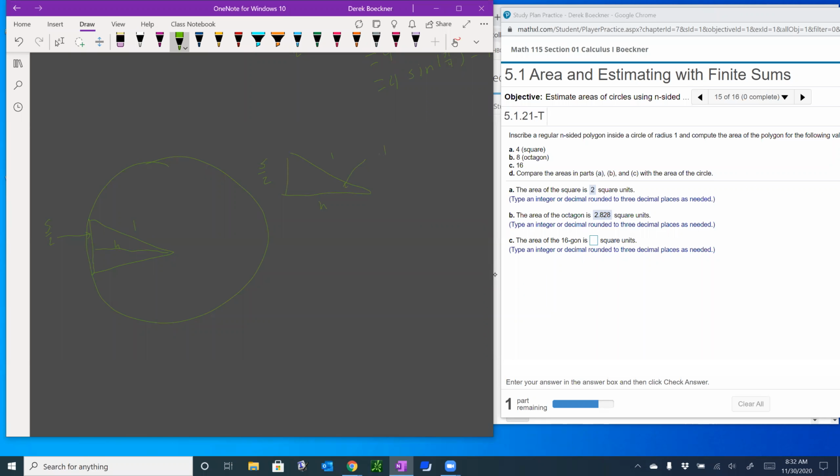This is going to be pi over 32. So S over 2 equals sine of pi over 32. H equals cosine pi over 32. And I have 64 of these things.